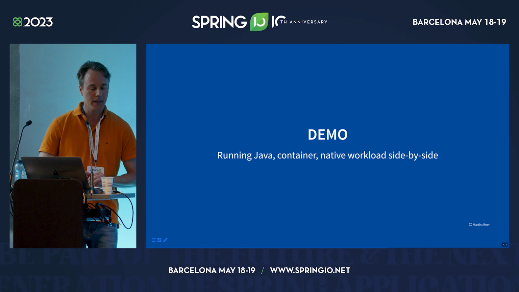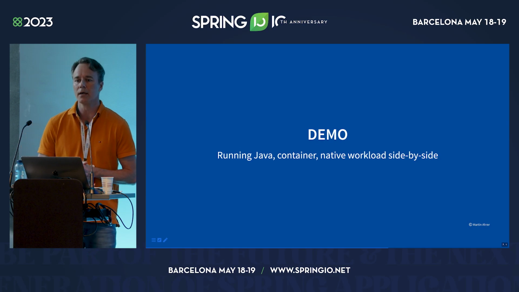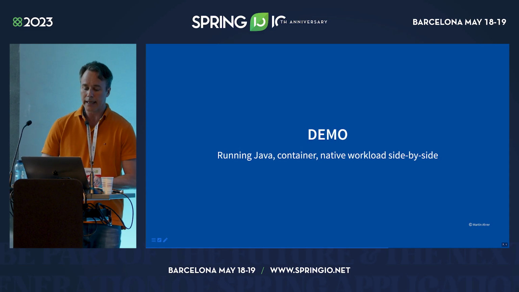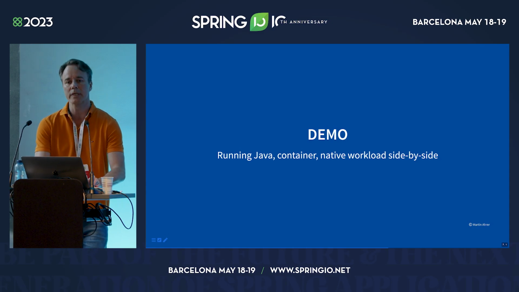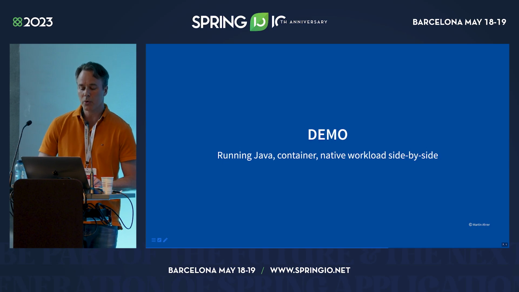So, with that, let me introduce you to the demo that I'm planning to show. I have prepared a cluster that is following that reference architecture, and I'm going to show how to run container workload and native workload side by side within the very same cluster.